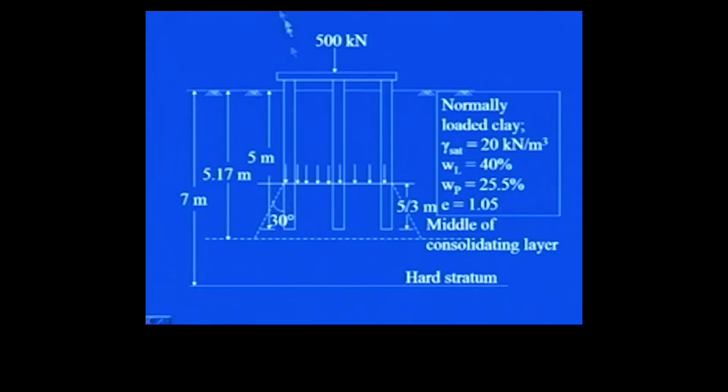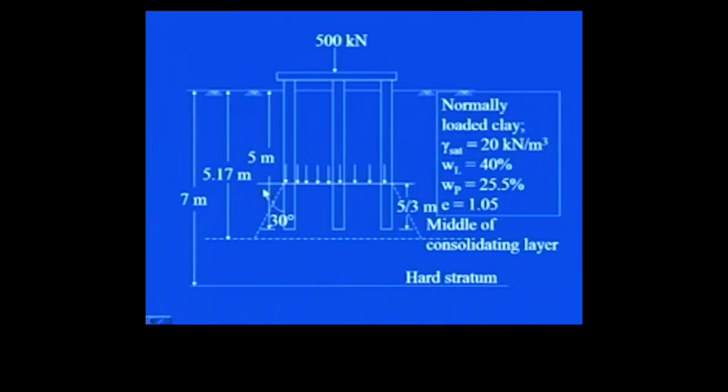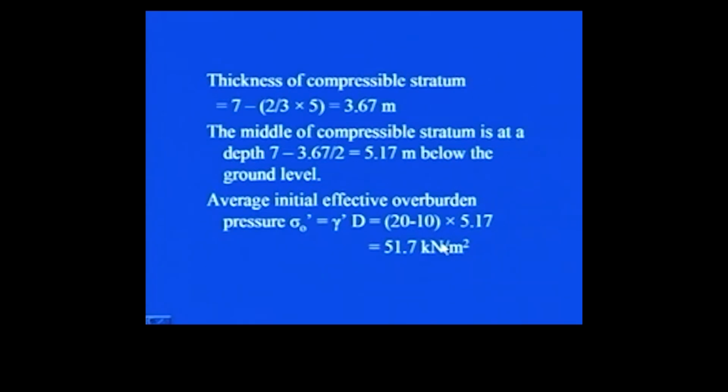So that will be 7 minus 2 times 5 by 3, that is 3.67 by 2, and then it will be 5.17 below the ground level. You see here that from ground level this is 5.17, which is the middle of the consolidating layer.